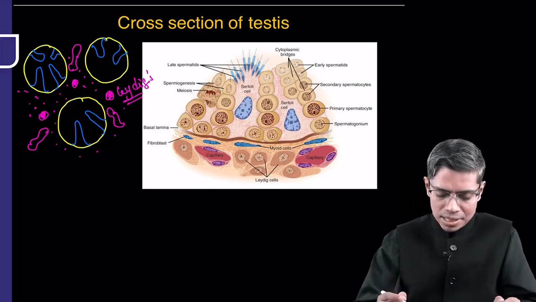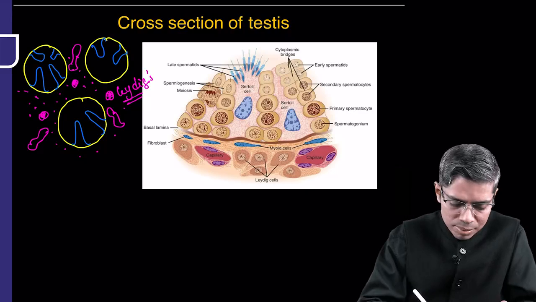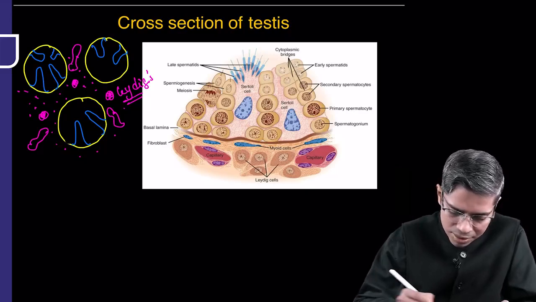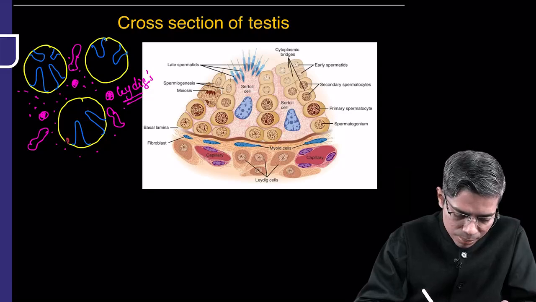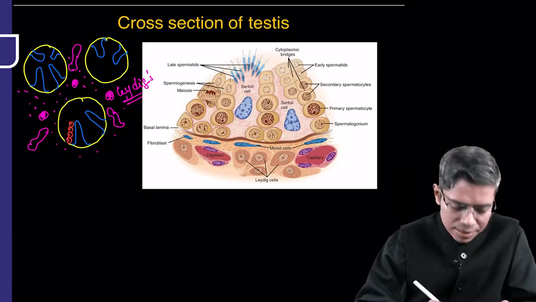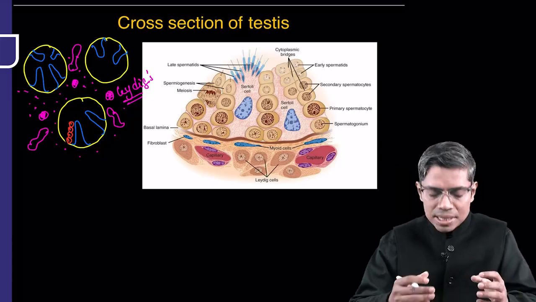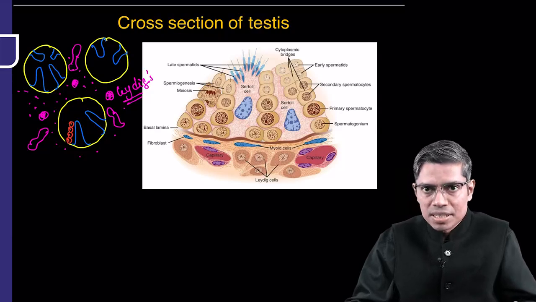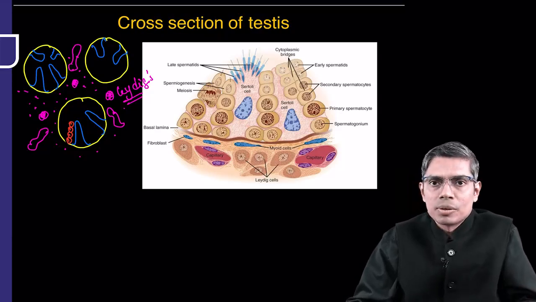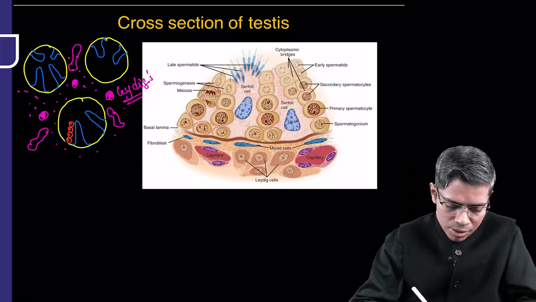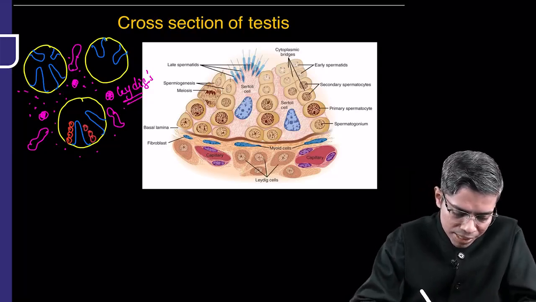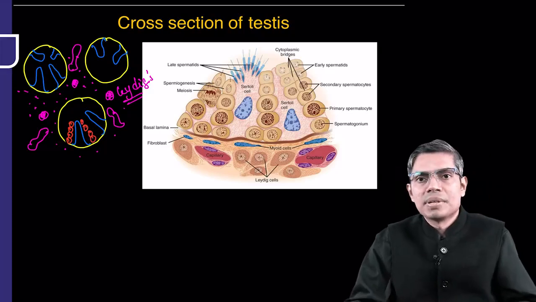In between the Sertoli cells, obviously there will be the presence of different stages of spermatogenesis cells, right? So spermatogenesis is occurring inside this seminiferous tubule. The different stages of spermatogenesis cells, for example spermatogonia, primary spermatocyte, all of them will be located close to this seminiferous tubule, right?